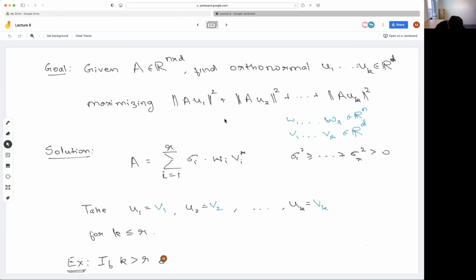Or you can check that the least square error is 0. That is, all points actually lie on an r-dimensional subspace.